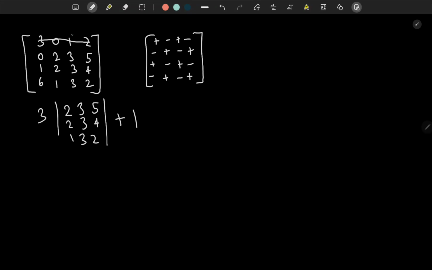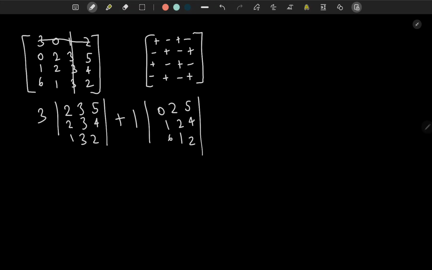Let's cancel out the first row and the third column here. Now we are left with the following matrix, which is 0 2 5, 1 2 4, 6 1 2.